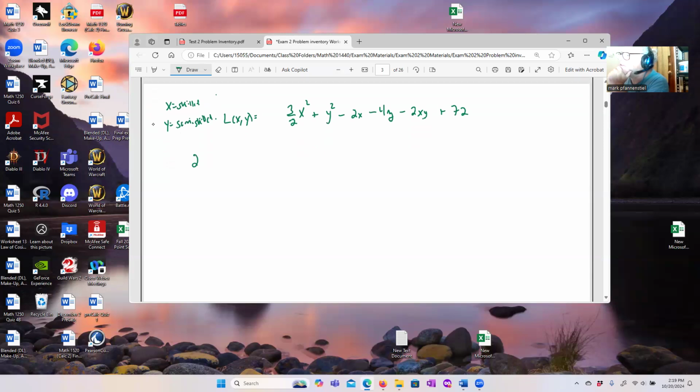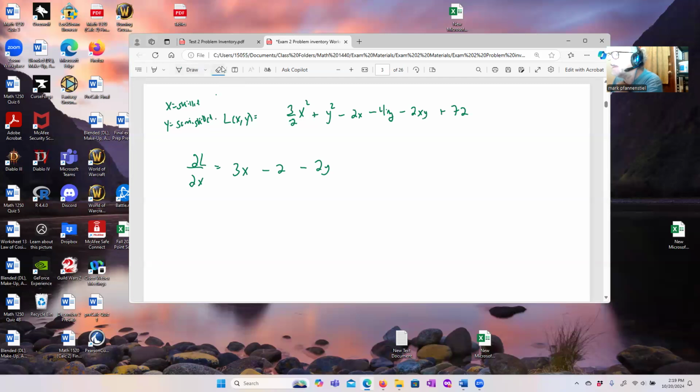So what we're going to do is take our partial derivative with respect to x. Let's have a look at what that's going to be. This 2 comes down in front, so we have a 3x. Y squared is held constant, so we have minus 2. Y is again held constant. We have minus 4y here, right?